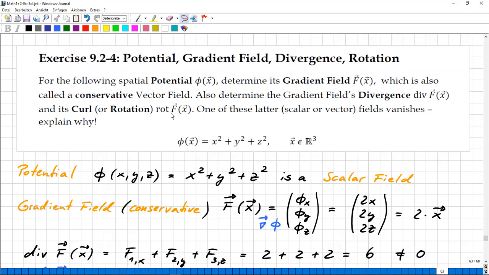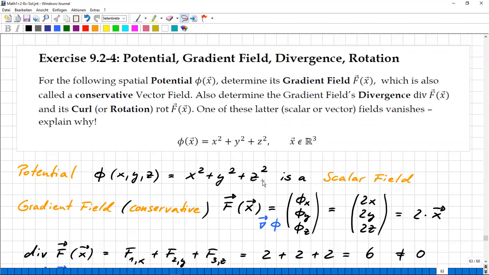Okay, so the potential is given. It's quite simple, as you see. It's easily seen that this is nothing else than the squared distance from the origin. Take any point in space, calculate the squared sum of its coordinates, and you will see, okay, this is nothing else than the squared distance from the origin.